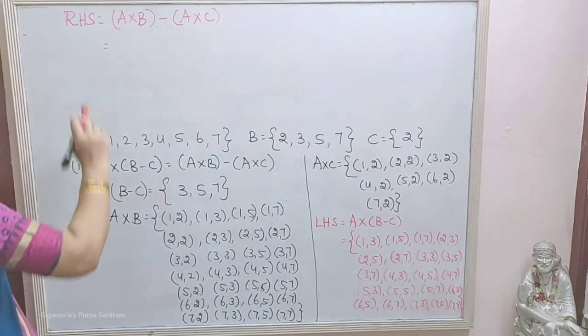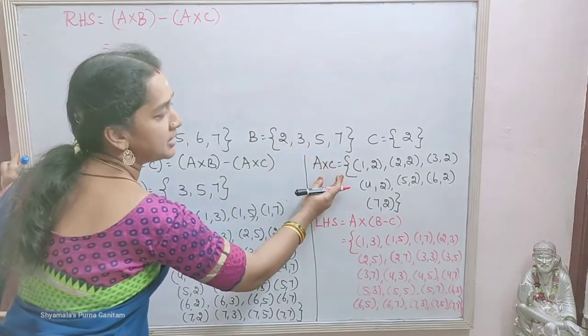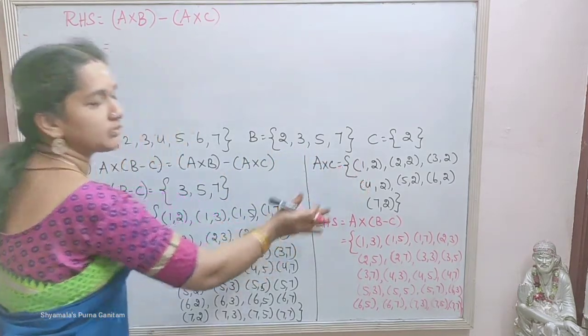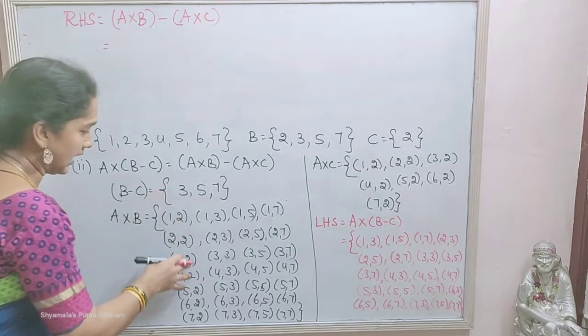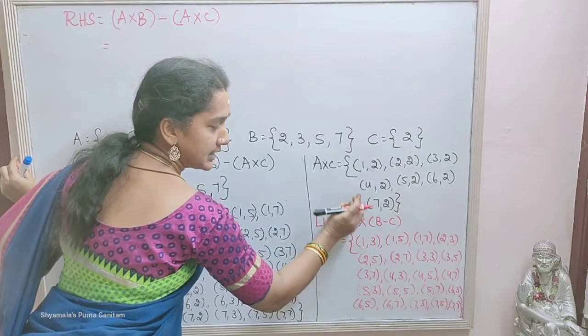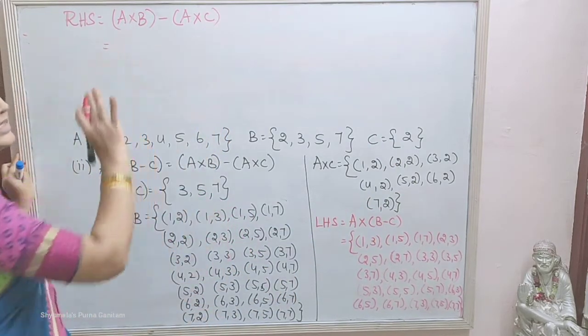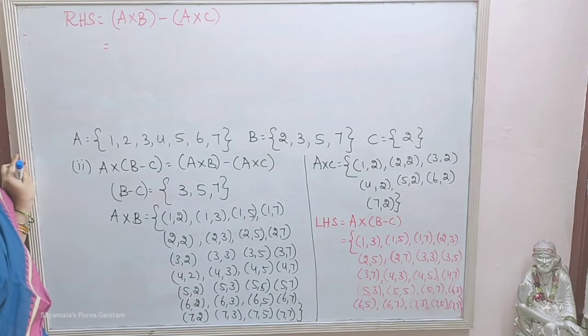So A cross B minus A cross C is whatever ordered pairs we have in A cross B. These 7 ordered pairs have to be removed from this, and the balance we have to write from A cross B alone.